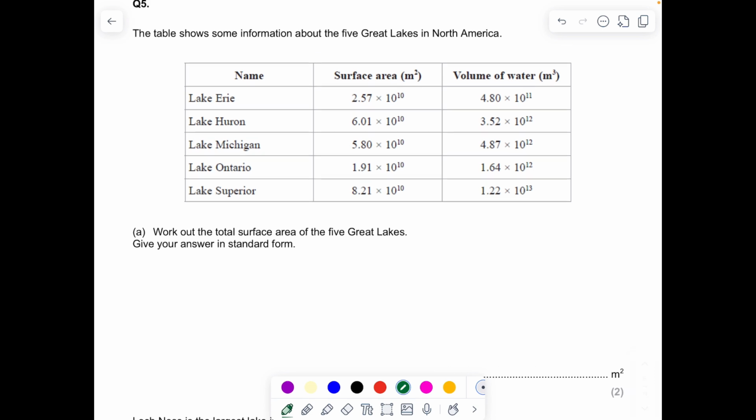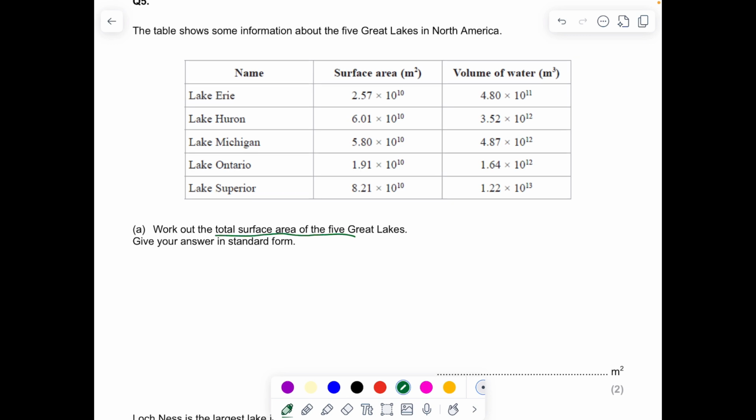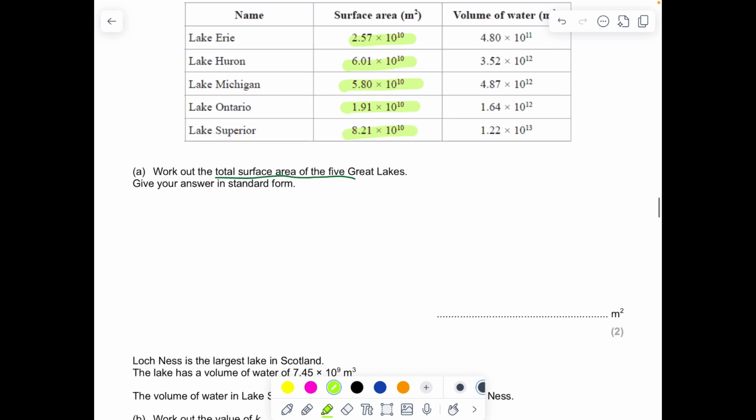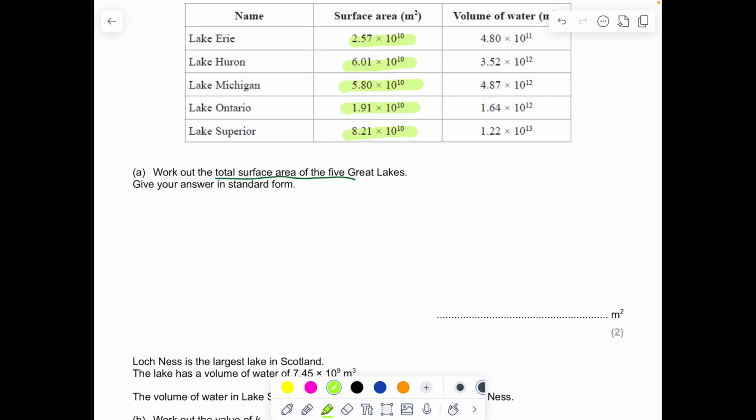This one's really nice. We want to find the total surface area of all 5 Great Lakes. So we are going to add up all of the surface areas we're given. Luckily, they are all 10 to the power of 10, so that's really nice and easy.